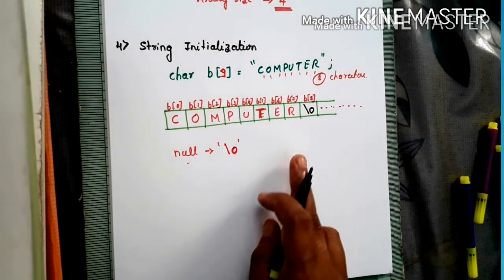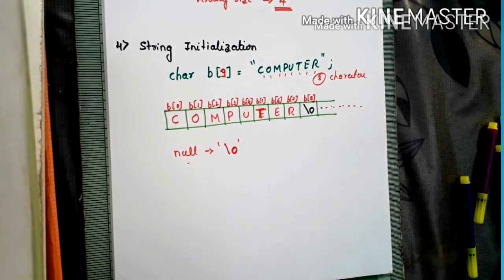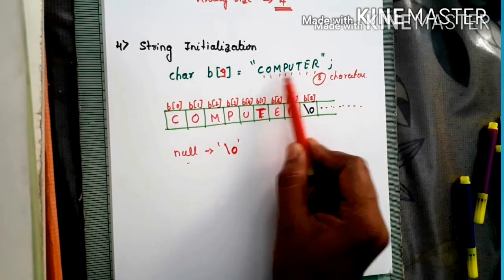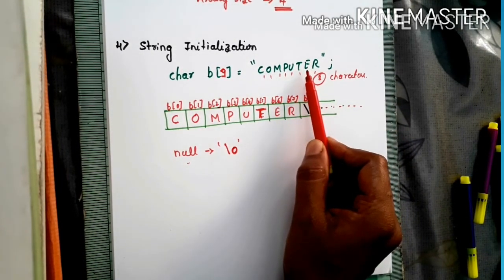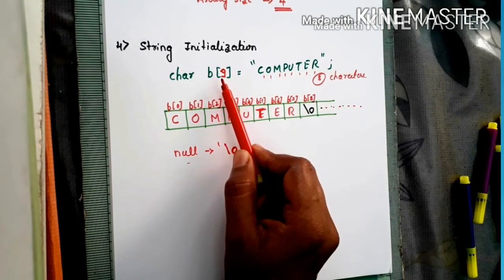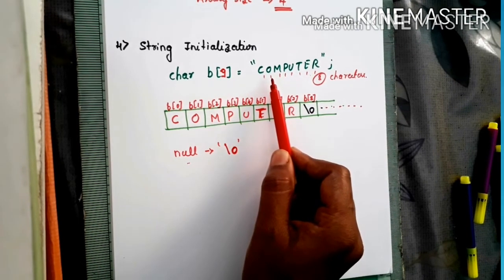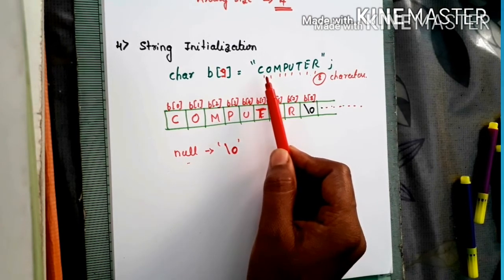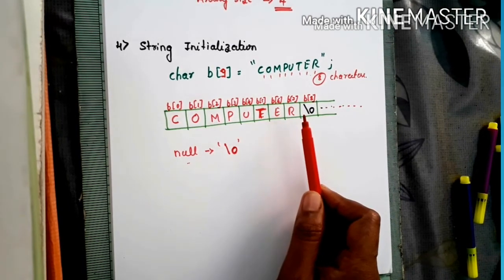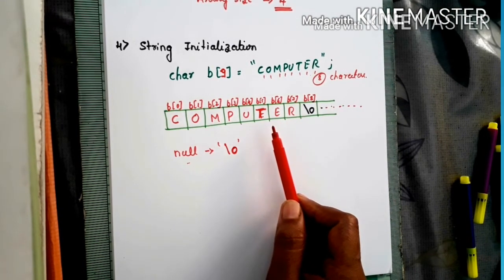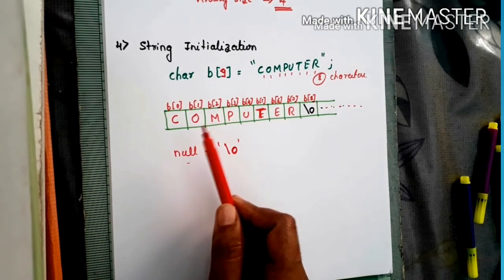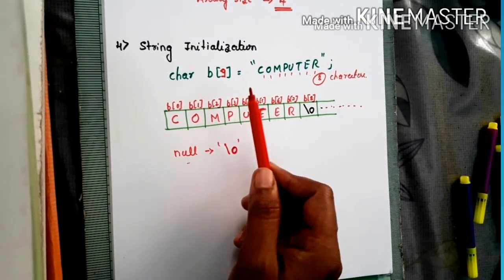The null character requires 1 byte of memory location. That's right. If the string has 8 characters, in that case, the size must be 1 greater than that. That is, if I want to store an n character string in the character array, the size of the character array must be n plus 1.